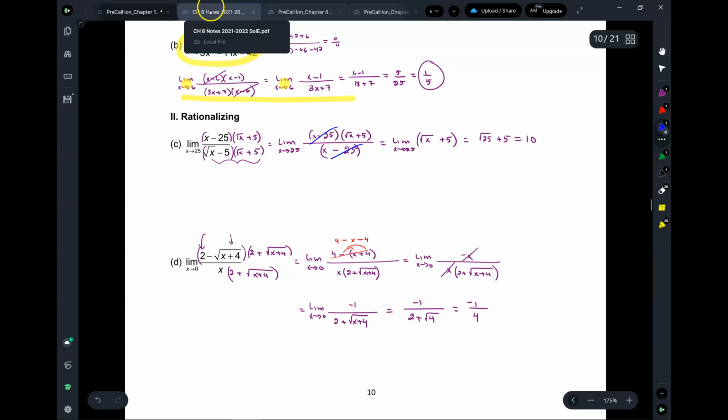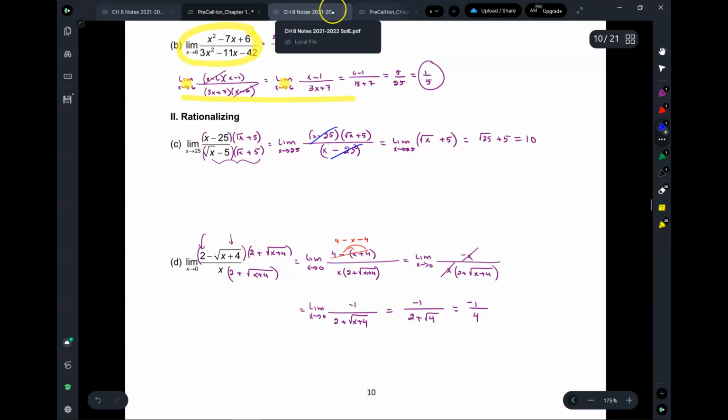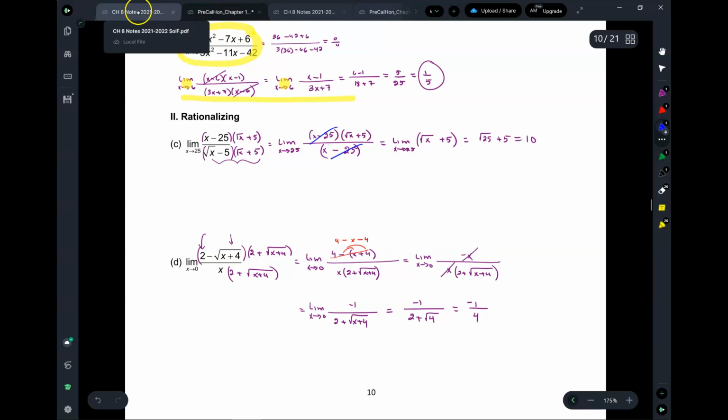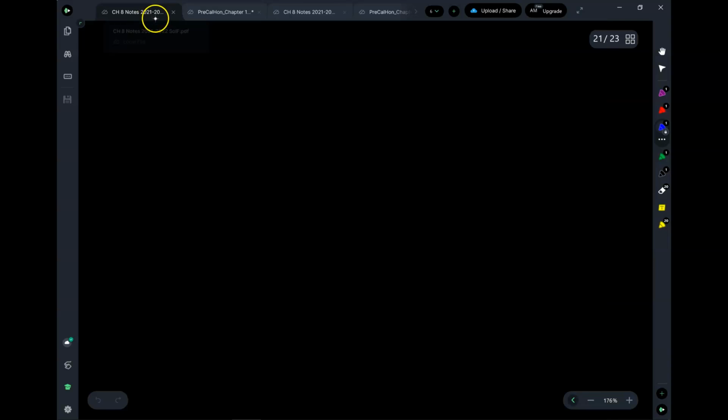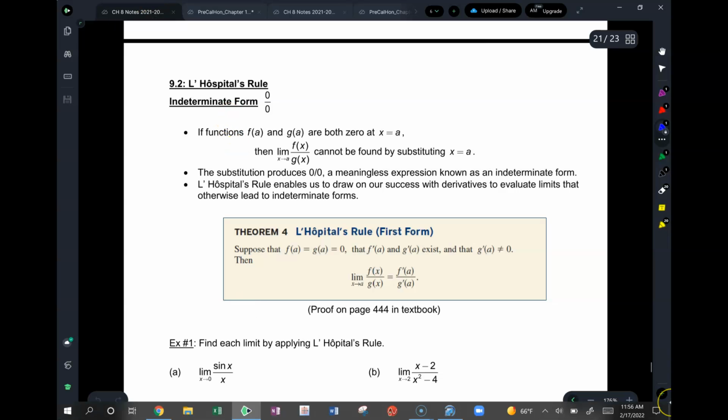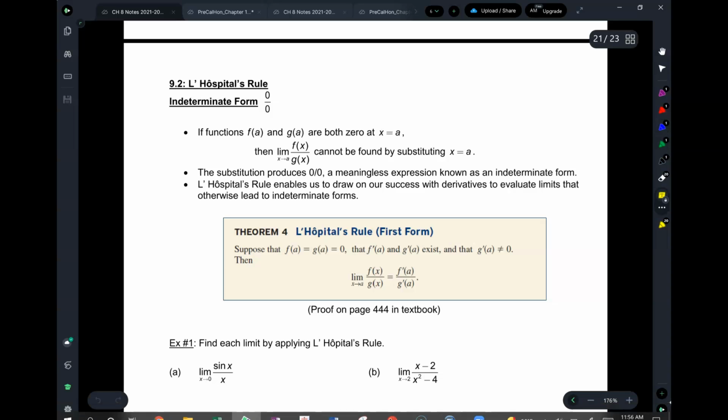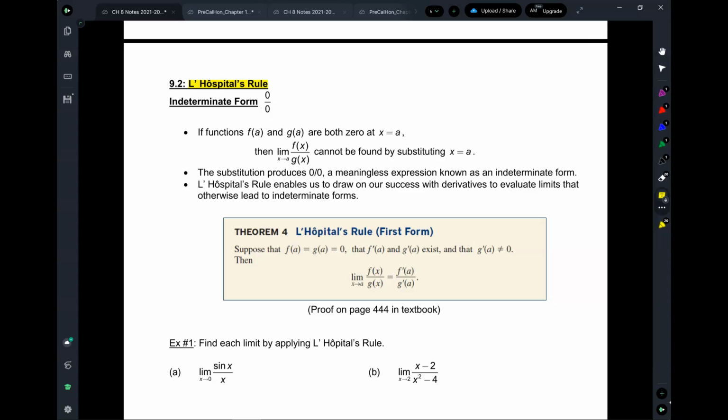We did it a little bit in the beginning as well. But today we're going to look at another way to do this. This is L'Hopital's rule.